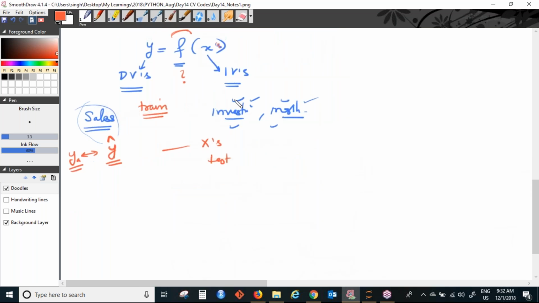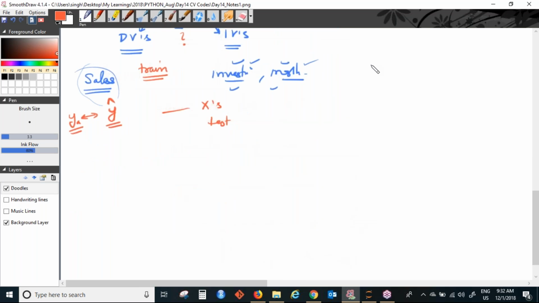Now so far we have seen a few algorithms. Again, supervised learning is divided into two parts: one is regression, one is classification. Regression is where the dependent variable is continuous. Classification is where the dependent variable is categorical.